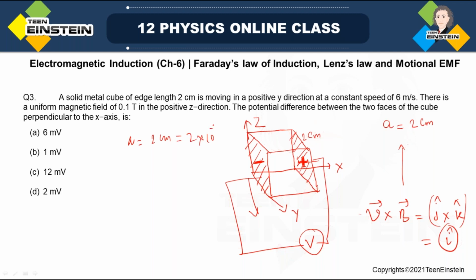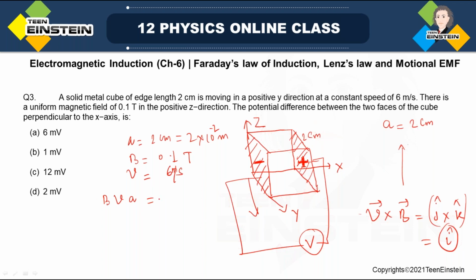B is given as 0.1 Tesla, and the speed of the cube is 6 meter per second. We will use BVL, and instead of writing L we will write a, the edge of the cube along the y direction.